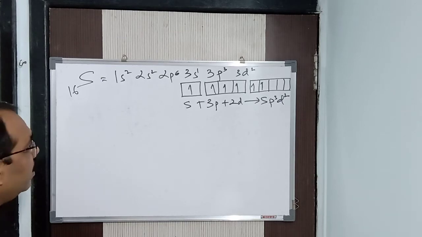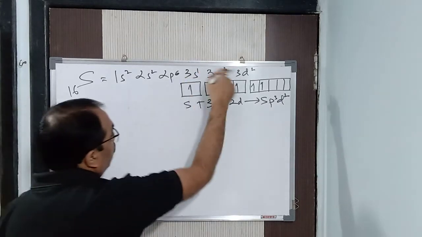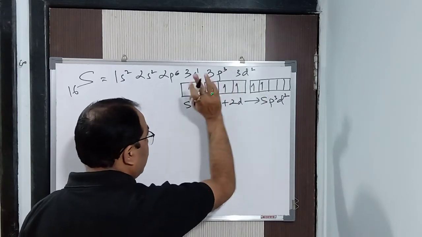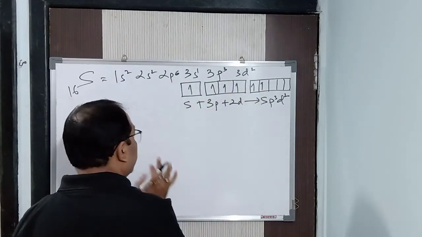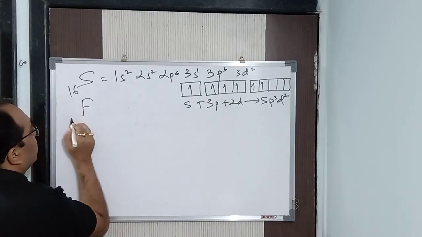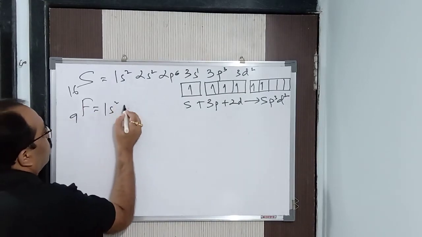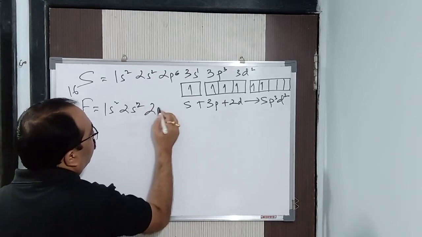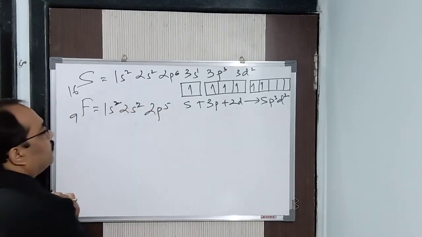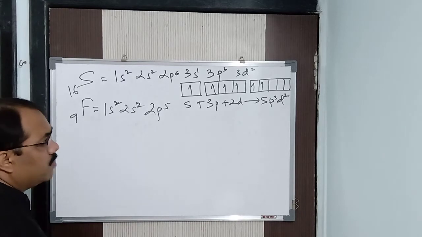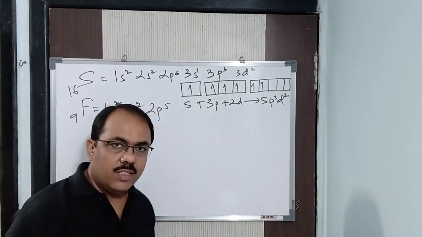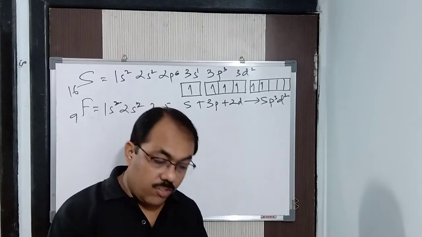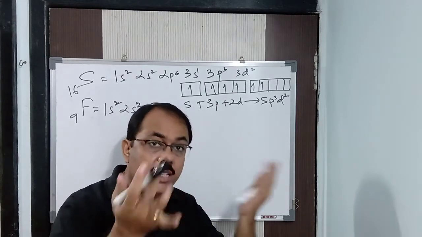So in this way, the electron jumps from the s subshell to the d subshell, and from the p subshell to the d subshell. Why does it jump? Because when the fluorine atom, which is 9, 1s2, 2s2, 2p5, approaches the sulfur atom, attractive forces act and energy is released.